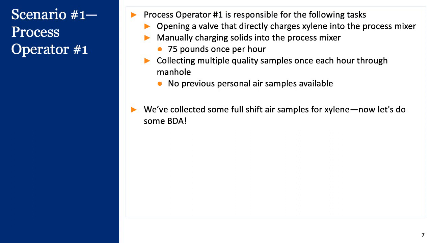So in this first scenario for process operator number 1, this person is responsible for several tasks: opening a valve that directly charges xylene into a process mixer, manually charging solids into the process mixer, and then collecting multiple quality samples once each hour. And no previous personal air measurements have been made, but now we collect some full shift air samples, and now let's do some Bayesian decision analysis, or BDA.